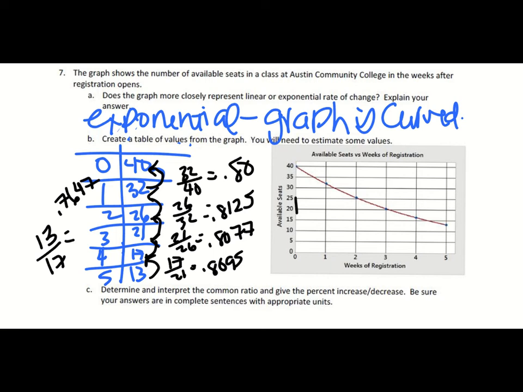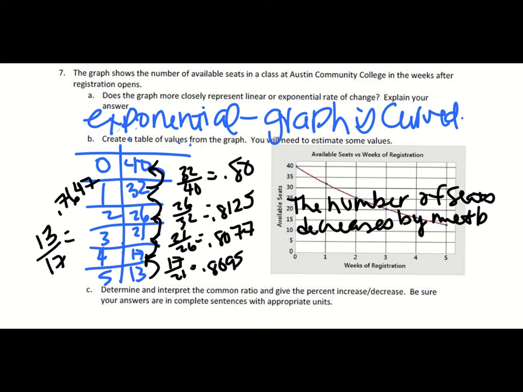The number of seats, and you can tell this is decreasing, decreases by multiplying by, I'm going to say this is about 0.80, by 0.80 each week of registration.